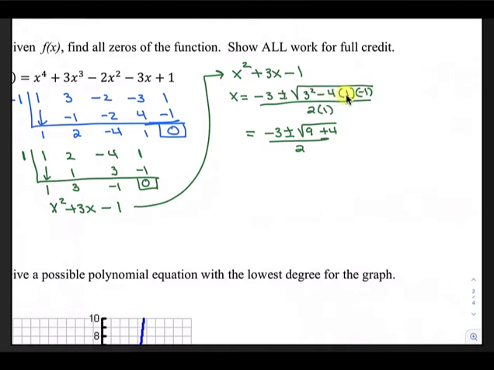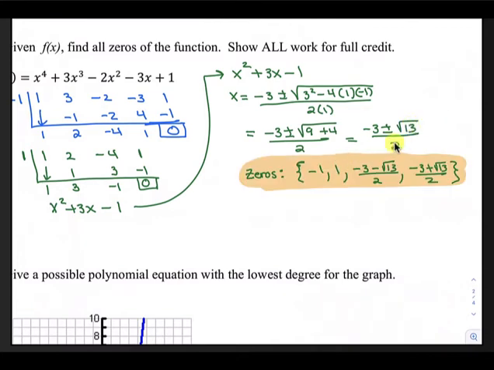And 4 times 1 is 4, and that's going to be positive. Simplifying further, the radical becomes 13. And then we have -3 plus or minus the square root of 13 all over 2. Those are our other two zeros.